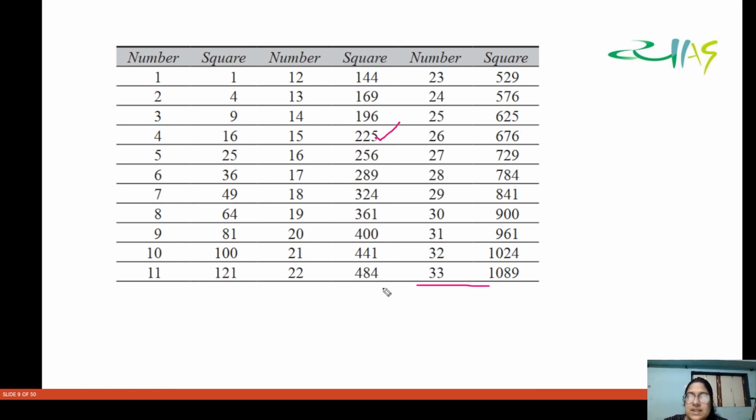Just take this table and go through it again and again. So you will be able to remember what the squares of these numbers are. But if you are not able to do that, definitely we will see some short tricks by which we can find the squares of these numbers.